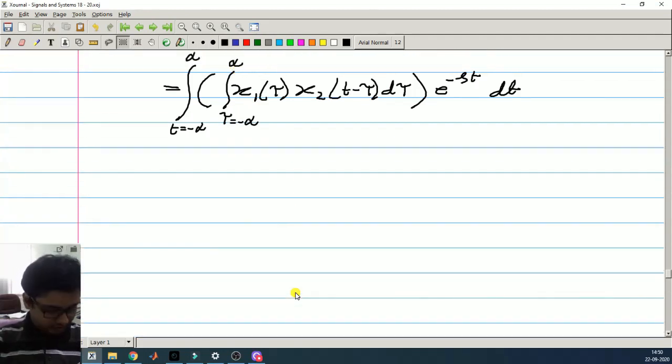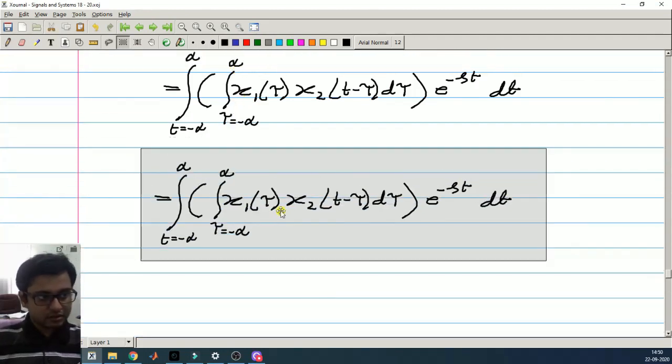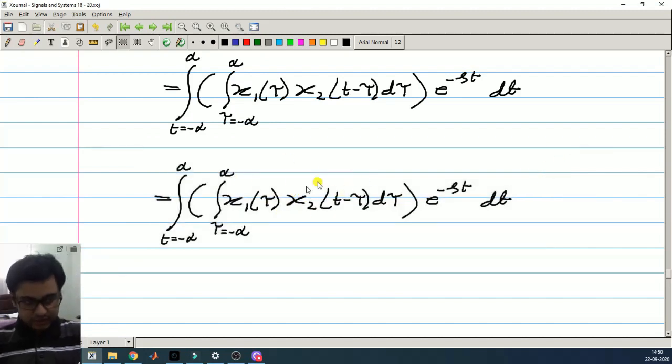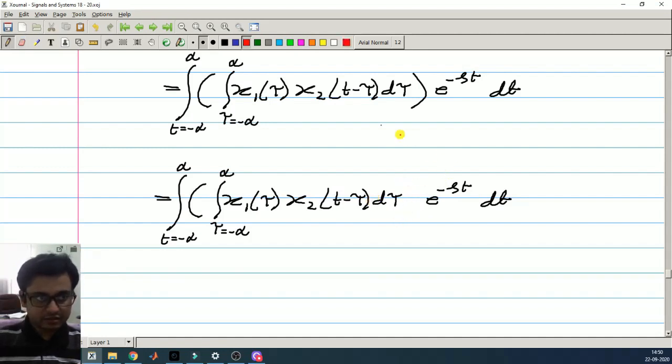Next, in this let us manipulate. e to the power minus st is not a function of tau, so we can put this inside this inner integration in this way. Let me write d tau and dt here.